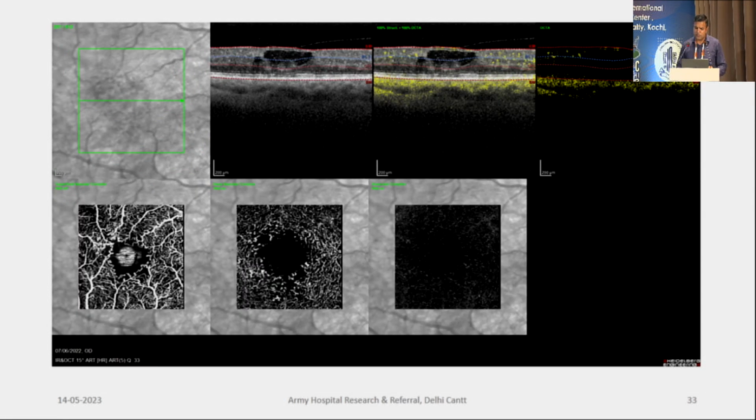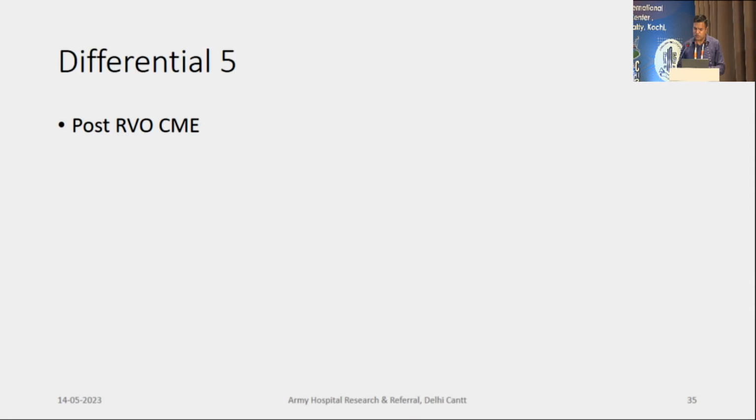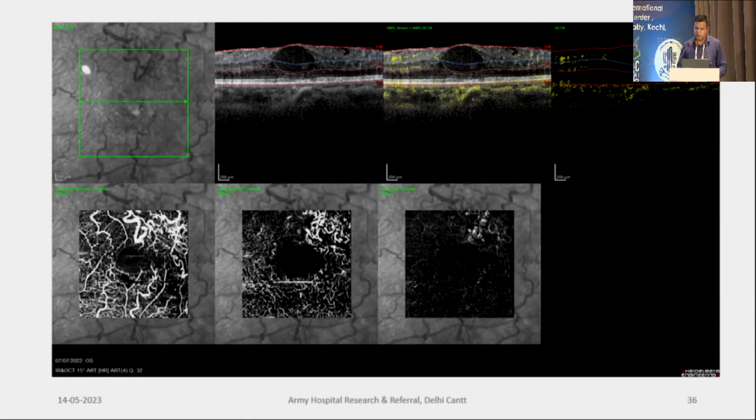In a case of CDME, you might sometimes get confused when you see this kind of appearance of deep capillary plexus, where the interspersed spaces are increasing, but there are no actual dilatations. Similar feature can occur in a post-RVO macular edema, where again you might see increased hyperreflectance on the OCTA deep capillary plexus images.